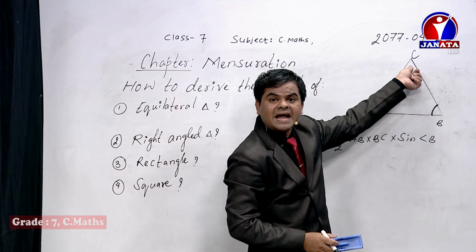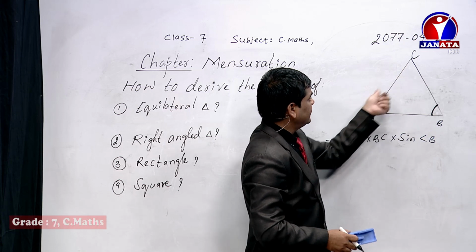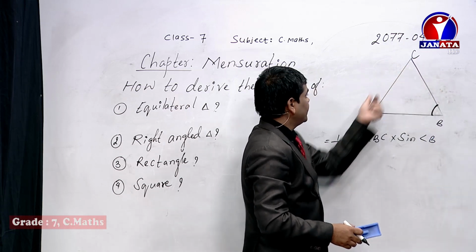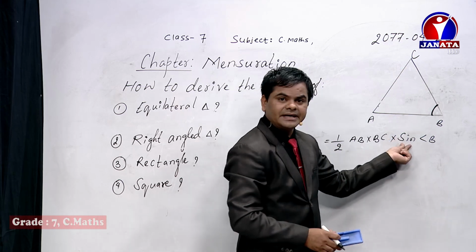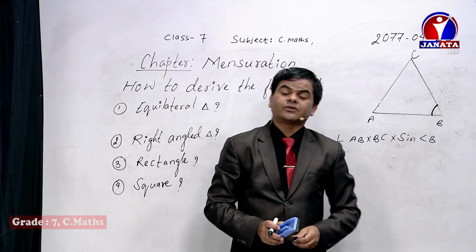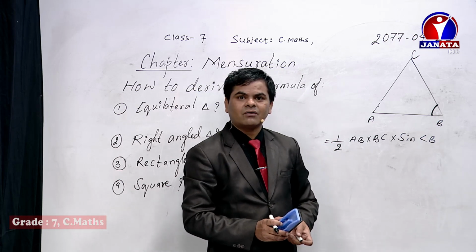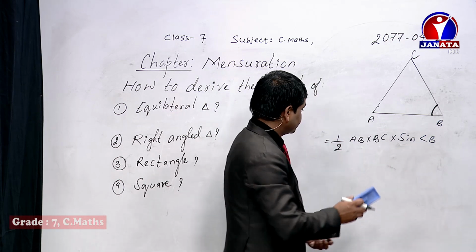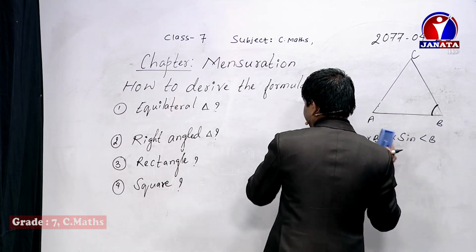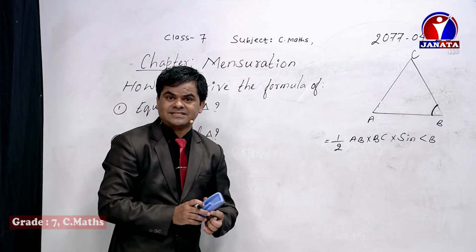For example, if this angle is mentioned as something degree, at the time 1/2, AC into BC into the middle angle in terms of sine, not in terms of other trigonometric terms like cos, tan, cot, cosec, sec. We don't use those, we only use sine. So this is the formula. So by using this formula, how to derive the formula of an equilateral triangle? At first let's discuss.